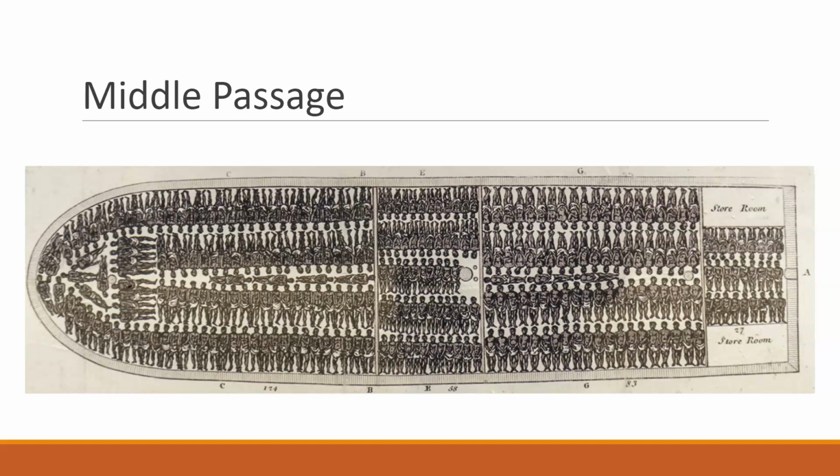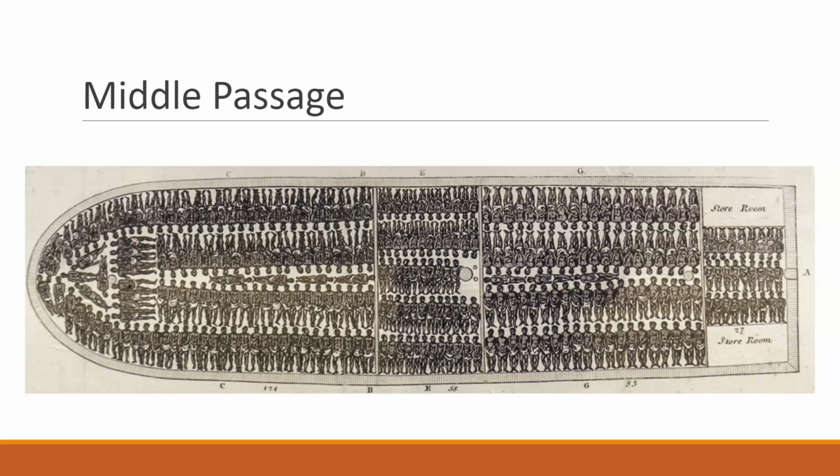And they were taken up on deck once every morning for 10 minutes in order to get some exercise, and once every evening for about 10 minutes to get some exercise. During that time period, they also would have received a mouthful of some kind of food, and that was really the only movement and exercise they got for the entire trip. 10 minutes every morning and 10 minutes every evening.